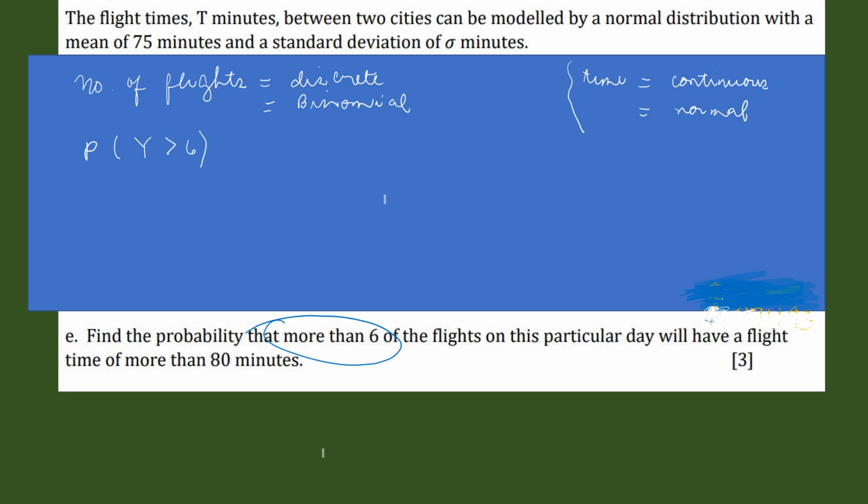So we're looking for the probability that y is equal to 7, or equal to 8, and so on until the highest you can have, which is 64. As you can see, greater than 6 means 7, 8, 9, and so on. This is cumulative.